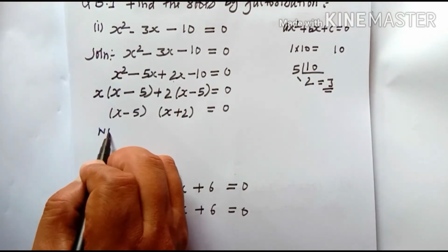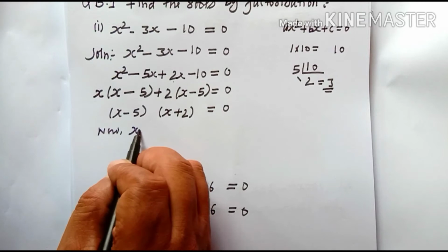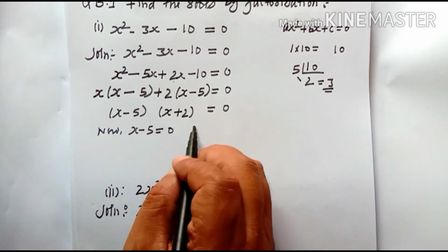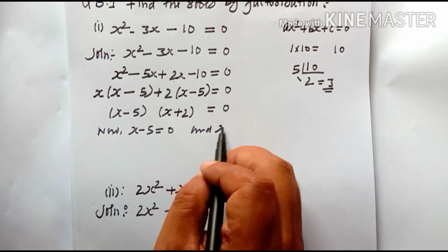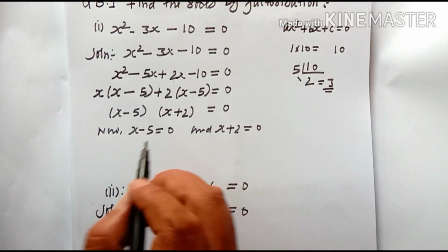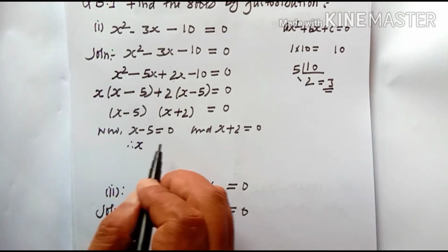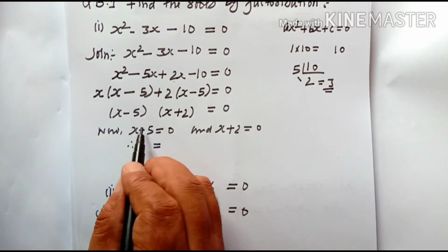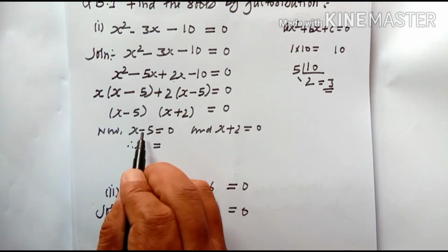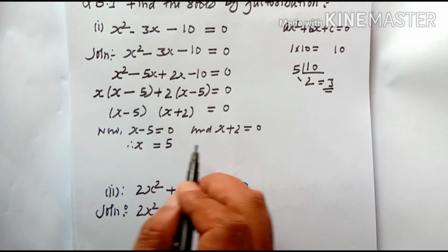Now either x minus 5 you have to equate with 0, and the other factor x plus 2 also equate with 0. Therefore I need the value of x, which equals, take this negative 5 from the left hand side to the right hand side. So minus 5 changes to plus 5.